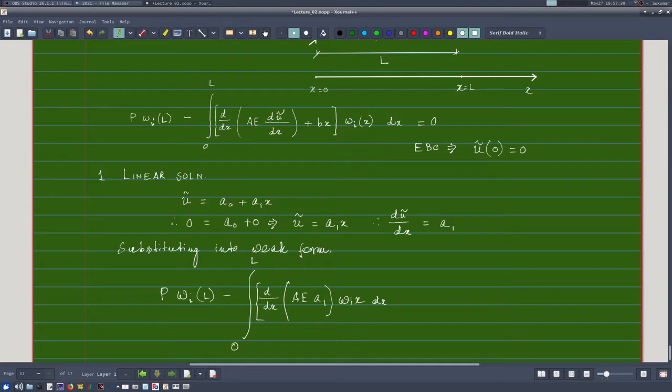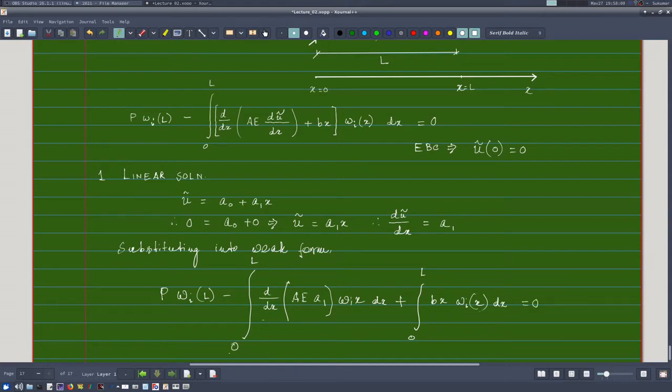I have separated the integral terms, plus integration of 0 to L bx into wi(x) dx. This must be 0.